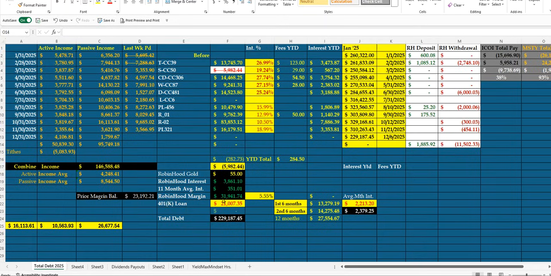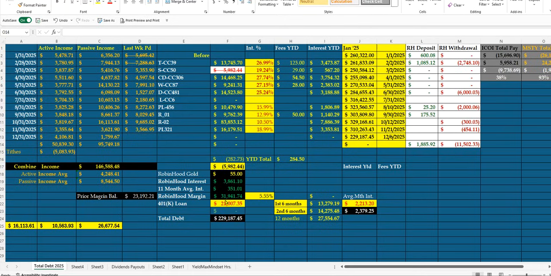What I had done is record the total available margin instead of the actual margin borrowed. The actual margin borrowed should have been around $23,000 or $17,000, but I had the available margin in that spot. That's my mistake. So we actually owe less money.